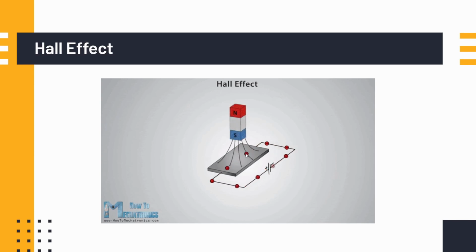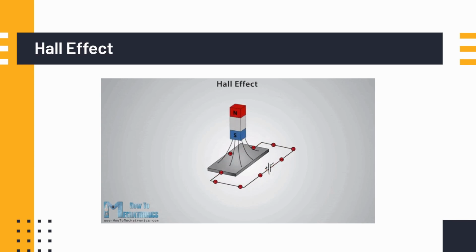If you were to have a magnetic field directly above this, that magnetic field is going to interact with the current flow across this plate, and it's going to push the electrons to one side of the plate. So it's going to distribute charge to two sides of the plate.